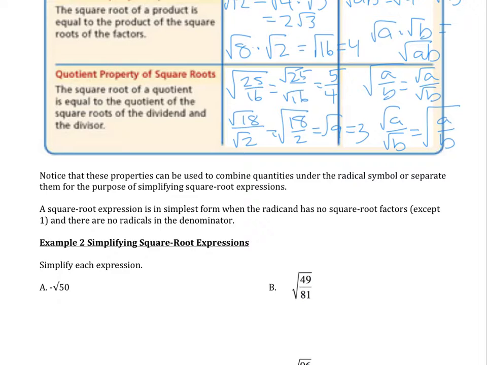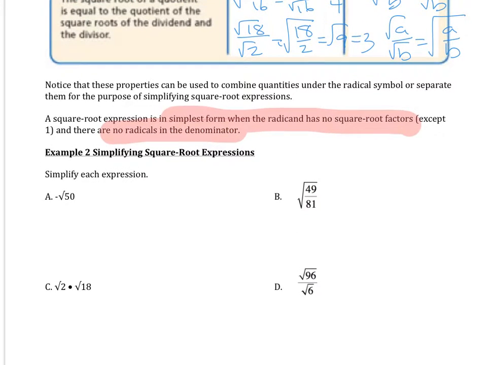A square root, this is important, is in its simplest form when the radicand has no square root factors except 1 and there are no radicals in the denominator. Okay, so simplifying, there's different ways you can do this.